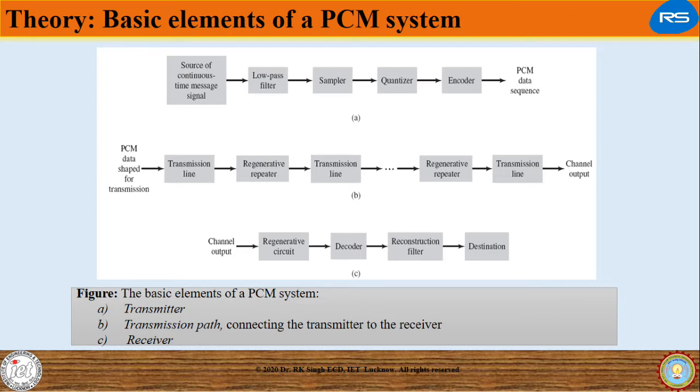Actually, a PCM system requires a source of continuous time message signal, a low pass filter, a sampler, a quantizer and an encoder at the transmitter side. And at the receiver side, we need a decoder circuit and a reconstruction filter.